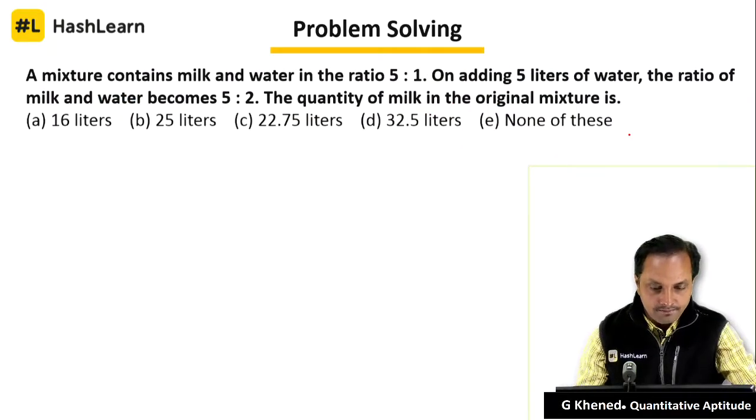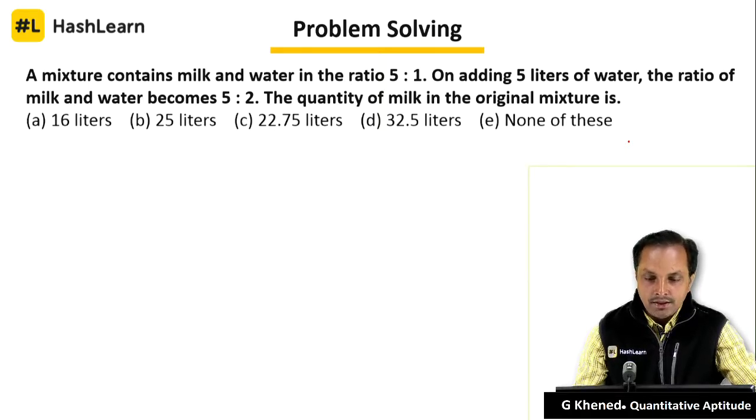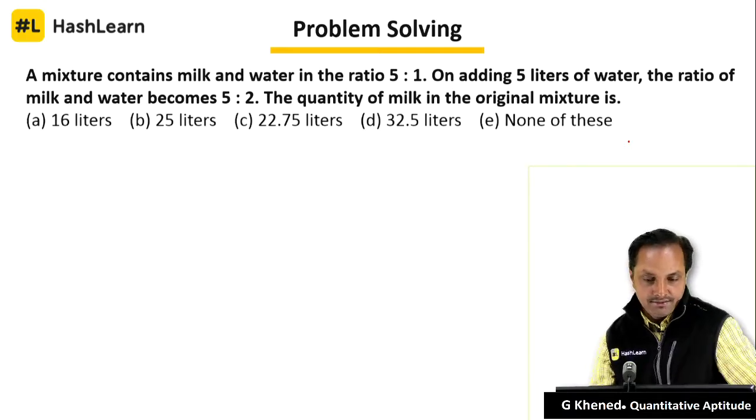Let's go to the next one. A mixture contains milk and water in the ratio 5:1. On adding 5 liters of water, the ratio of milk and water becomes 5:2. Then the quantity of the milk in the original mixture is... Okay.